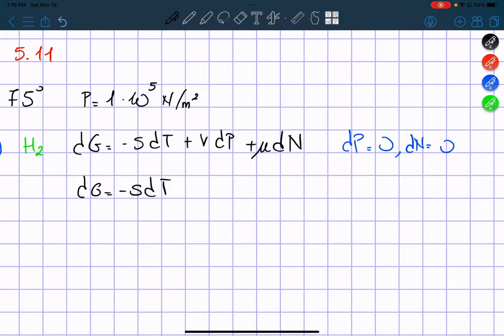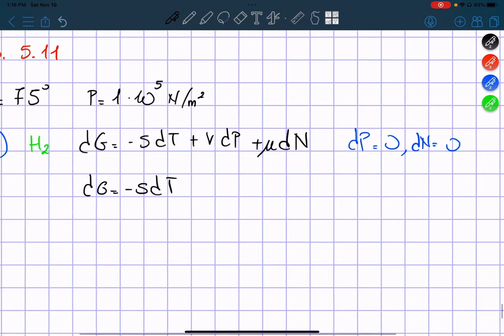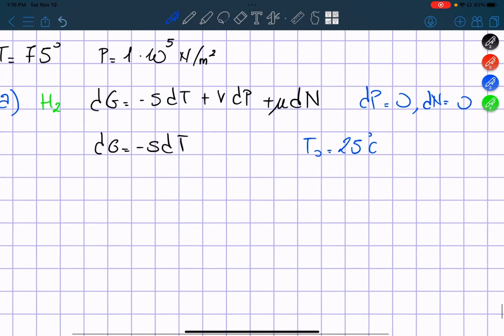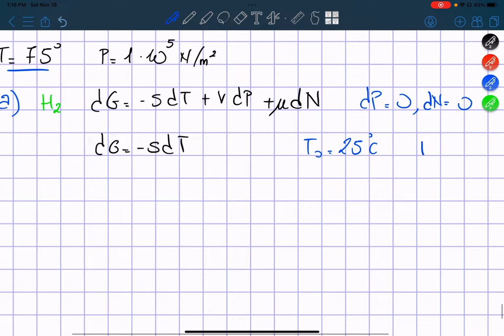Okay, so we have to remember that our T0 is equal to 25 degrees, and we're operating at 75 degrees. So our dT is equal to 50 Celsius or Kelvin. It doesn't really matter. I'm just going to put everything in Celsius over here. And then we can find the S for H2, which is equal to 130.68 from the book.